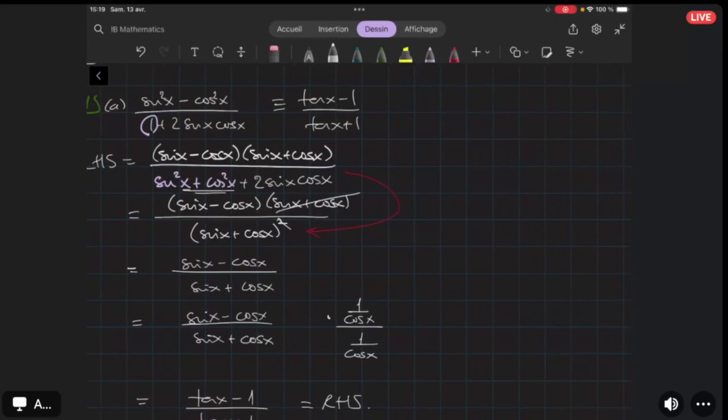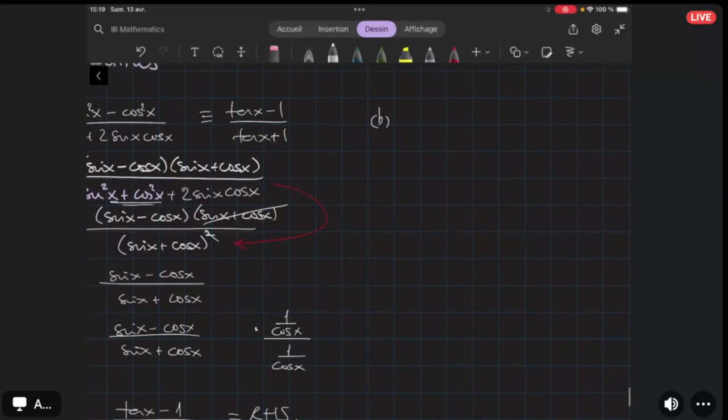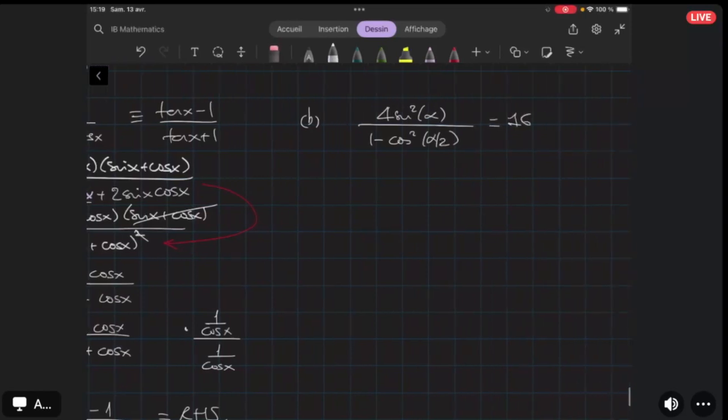All right, part B. What do we have? 4 sine squared over 1 minus cosine squared. Oh, oopsie. 16 cosine squared of alpha over 2.